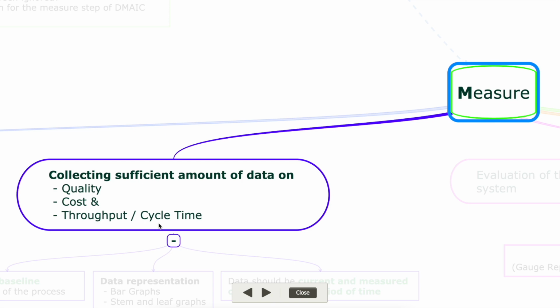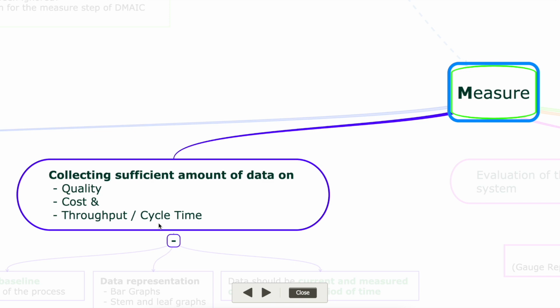For example, if we are collecting data for a certain routine, we must include the data at regular intervals, and those intervals must be good enough to understand the actual performance of that step. For example, maybe after every 2 hours you need to measure that, or after 6 hours. Whichever is sufficient enough, we have to consider that.